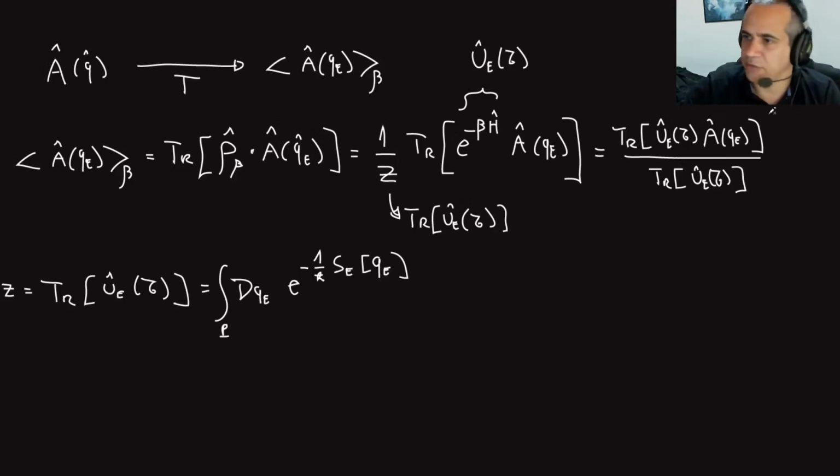And the same for the numerator here, right? The trace means that I take all the possible states at the edges, so it's also the same path integral.